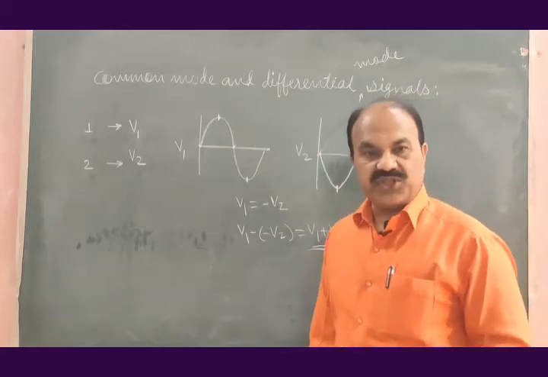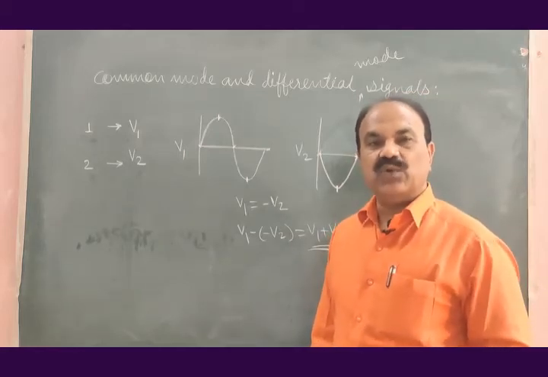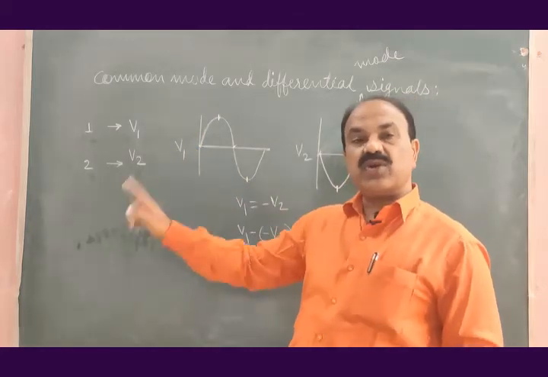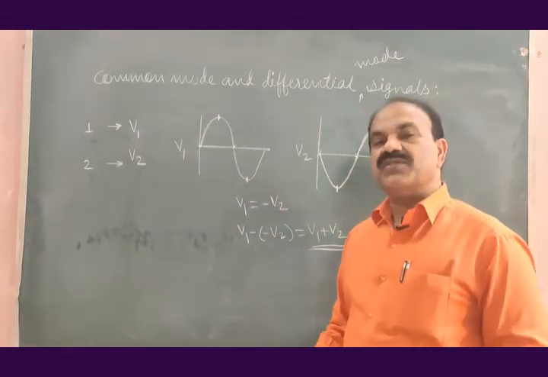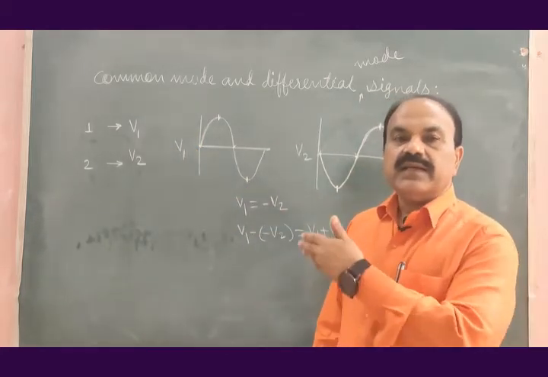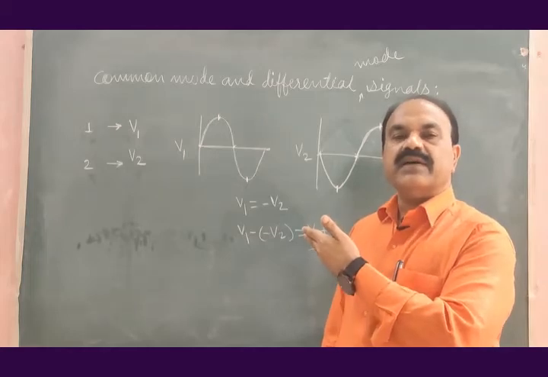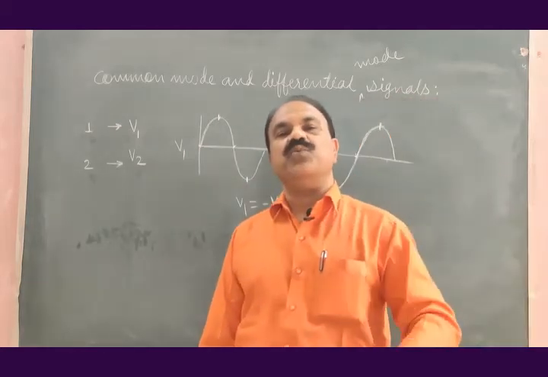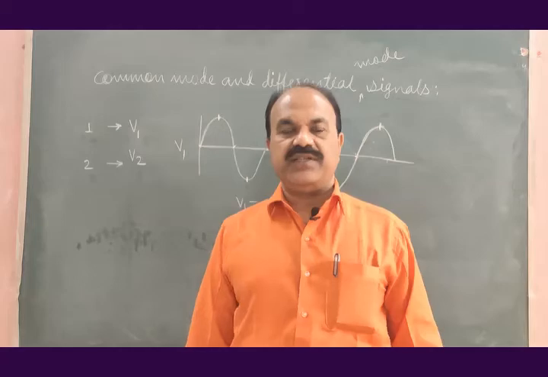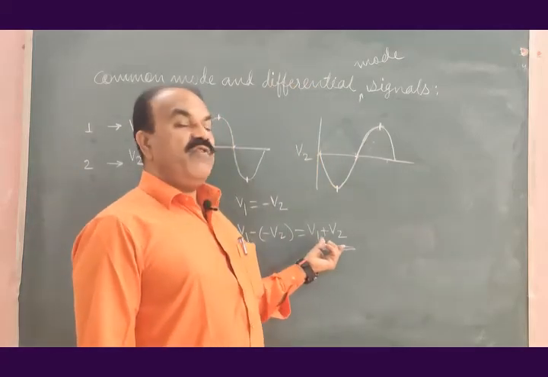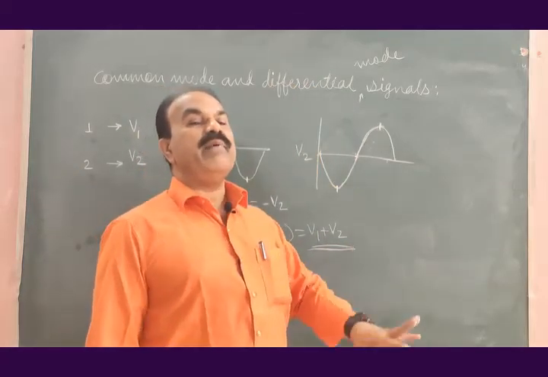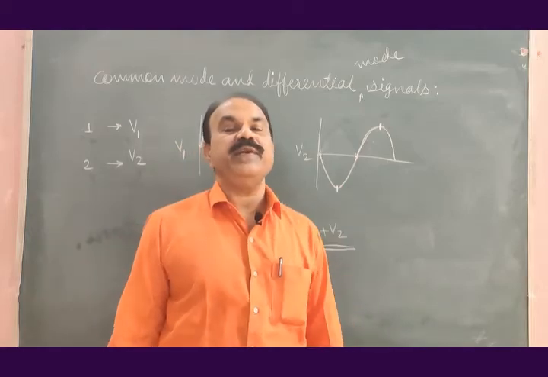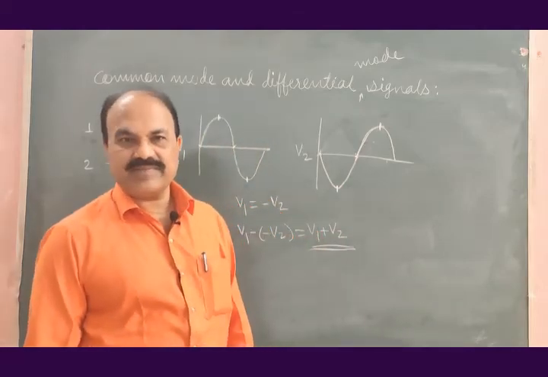As the difference is not 0 here, it is a finite value more than V1, more than V2, because it is V1 plus V2. The differential amplifier will give us a finite output voltage. Actually, it will be V1 plus V2 multiplied by the gain of the differential amplifier.